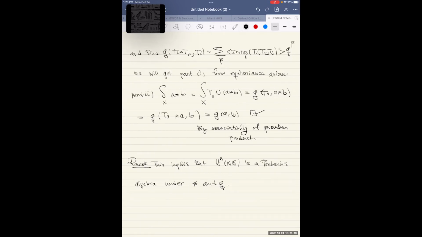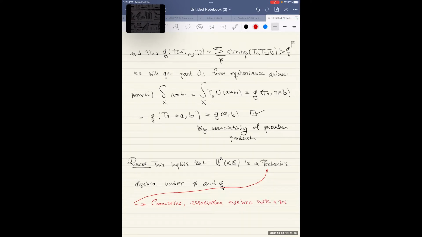That's exactly what it is. What does that mean? It means that it is a commutative, associative algebra with a unit.